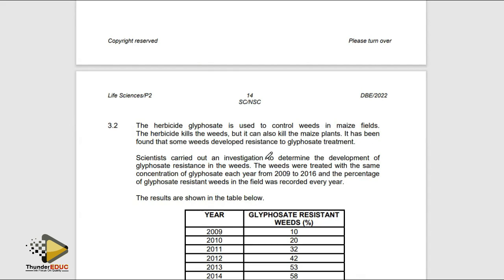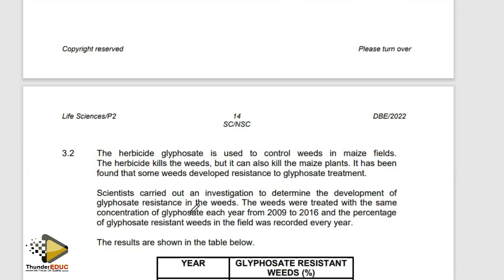Scientists carried out an investigation to determine the development of the glyphosate resistance in the weeds. The weeds were treated with the same concentration of the glyphosate each year from 2009 to 2016, and the percentage of the glyphosate resistant weed in the field was recorded every year.